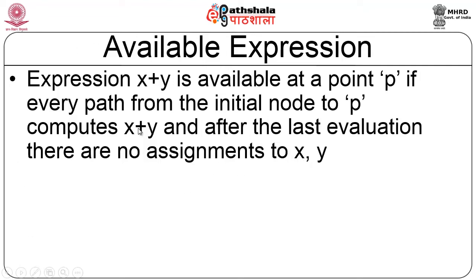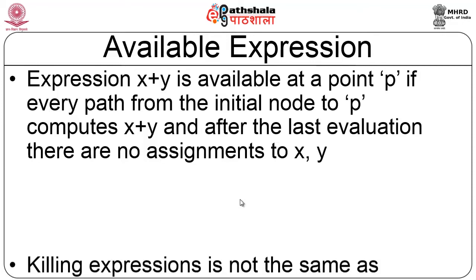We know that expression x plus y is available at a point P if every path from the start to point P computes x plus y, and after the last evaluation there are no assignments to x comma y. So, if there is an assignment to x or y, then the value will be different, therefore, you cannot use that as a common expression.